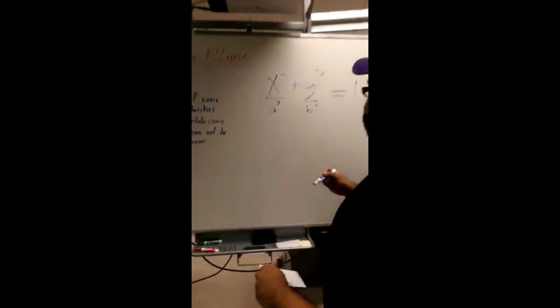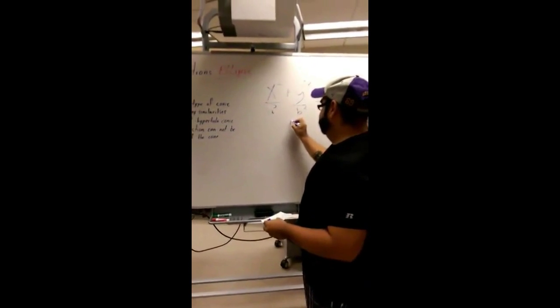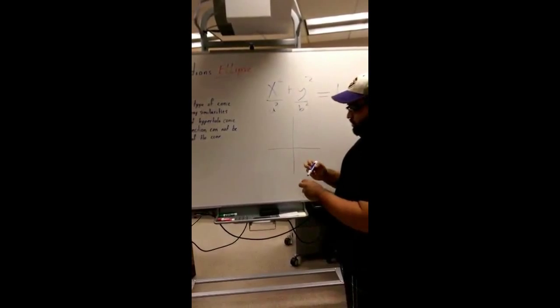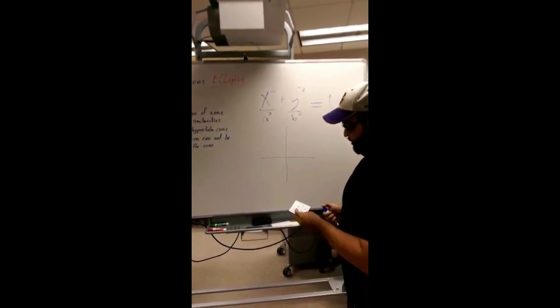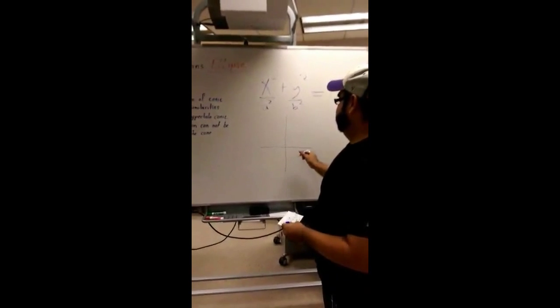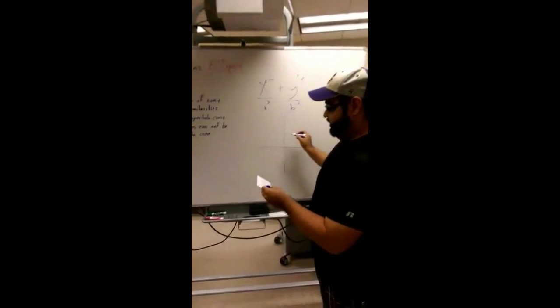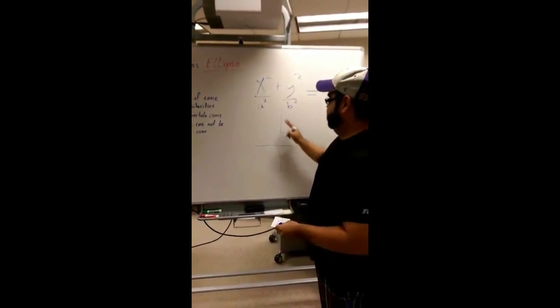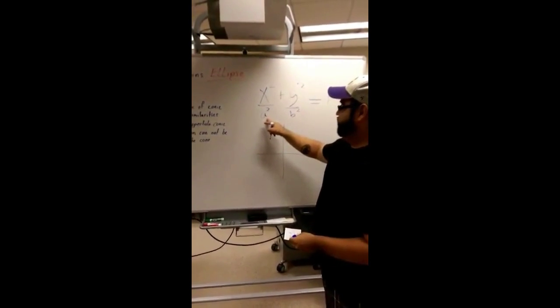Let's see. So I'm going to draw this out as best as I can. There you go, on an X and Y axis for you guys. And basically, the A is going to be how wide it is. So right here it's A squared.